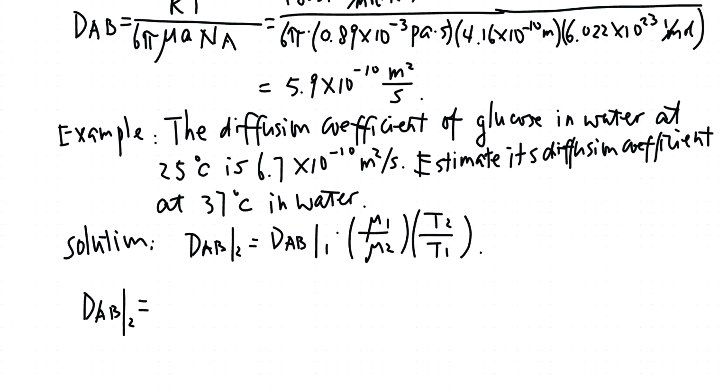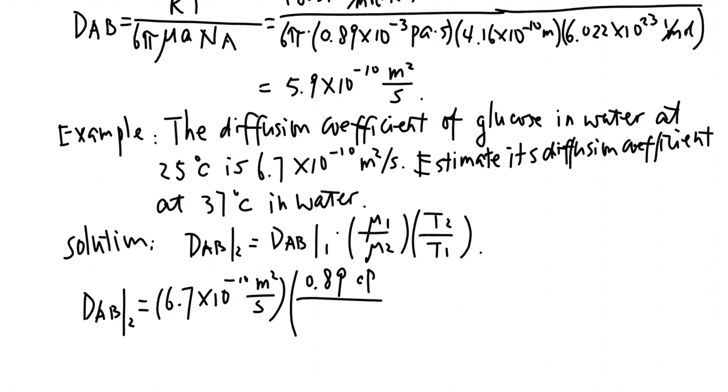D_AB1 is given as 6.7 times 10 to the minus 10 meters squared per second. Mu1 is at condition 1, at 25 degrees C. If you look at the number we just discussed earlier, at 25 degrees C, the viscosity is 0.89 centipoise. Now divided by mu2, which is at 37 degrees C. At 37 degrees C, the viscosity is 0.691 centipoise.